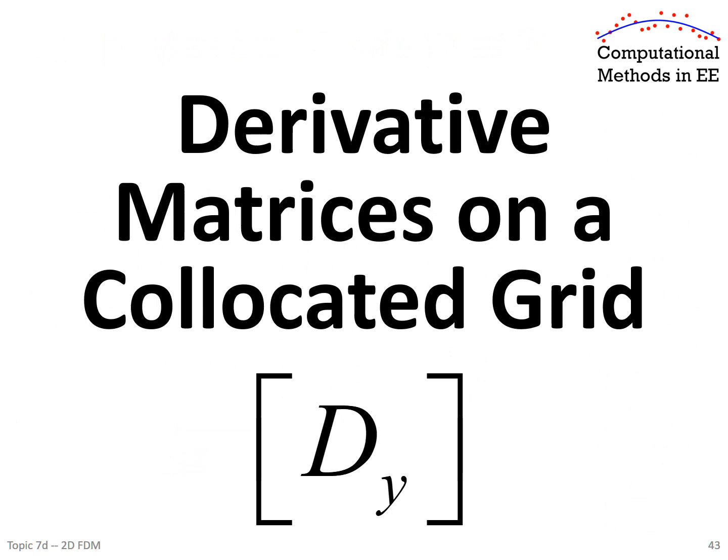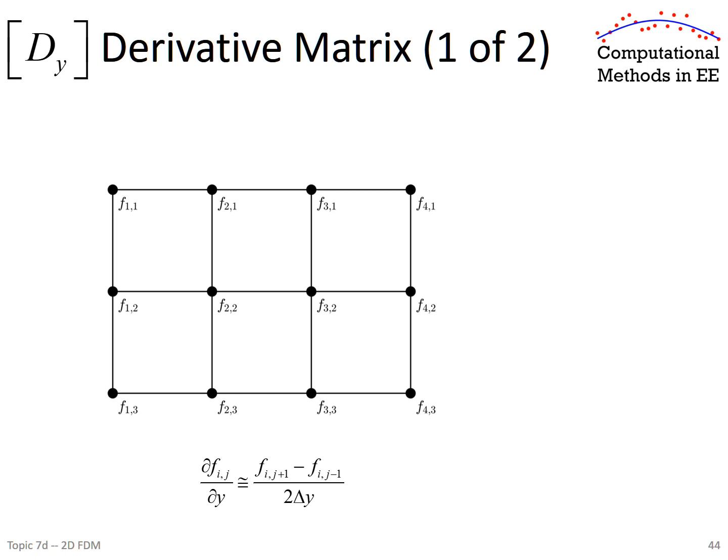Now on to the derivative matrix for a y derivative. So now we're taking derivatives in the vertical direction. Let's see what happens. So we have the same grid we did for our x derivatives, but we have a slightly different finite difference equation. Notice it's the j array index that's changing now. So we're spanning in the vertical direction now.